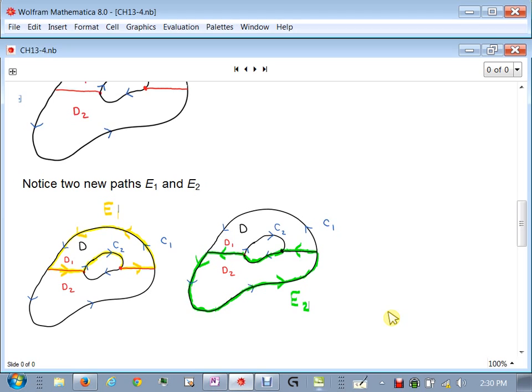But look at the way that you go across C2. Which way are you oriented? Negative orientation, right? Across this part of C2. And then when you come over here on E2, it's positive, right? But when you get to C2, what's your orientation on C2? Negative orientation? And then you go across like this.